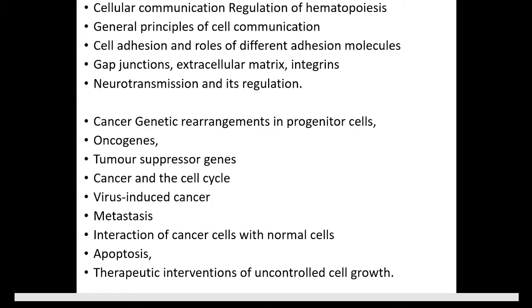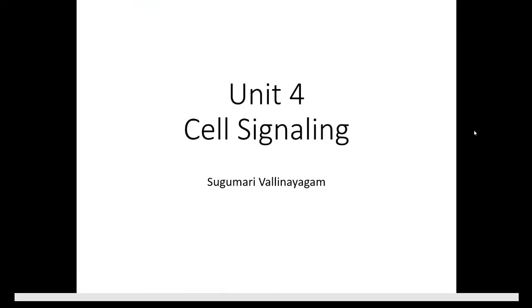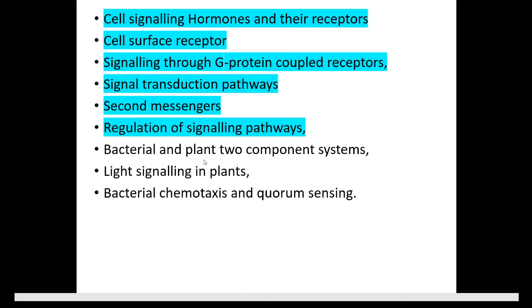What are the types of cell signals in plants? Now we have discussed fully about animal cell signals. Plant signals are totally different from our human cell signals. This is a major topic, I think, for tomorrow's class. Actually, I left 3 topics: bacterial and plant two-component systems, and light signaling in plants.